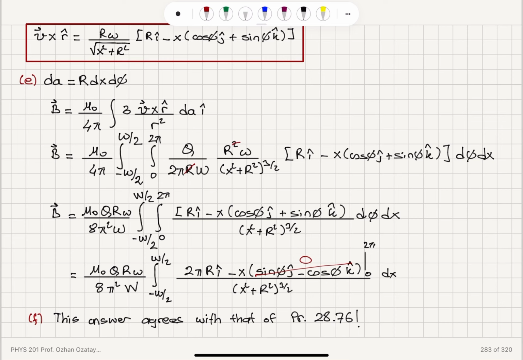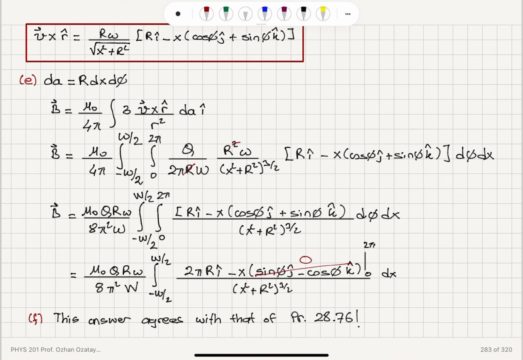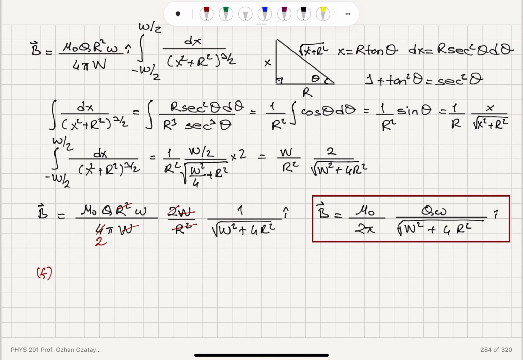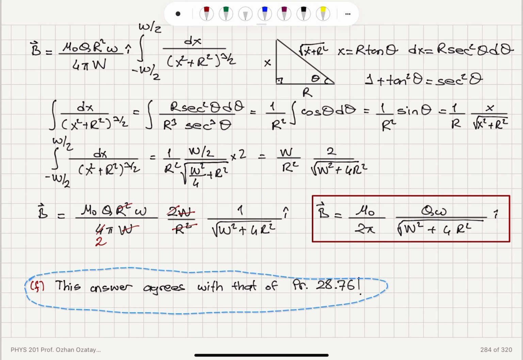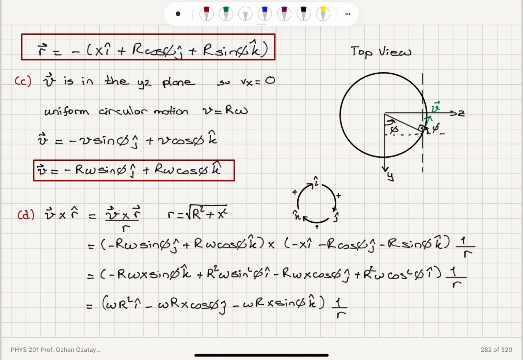Okay, so in this part, that will be written for the end. Okay, so that's the answer to part F. So for this part, I have used the answers I have obtained in parts A, B, C, and D. V cross r hat is given. dA is capital R dx d phi.